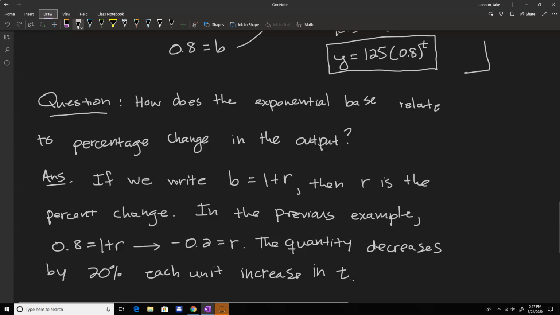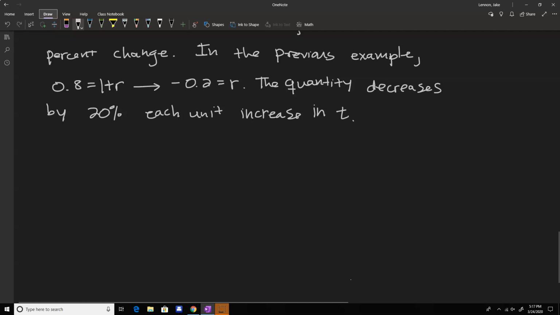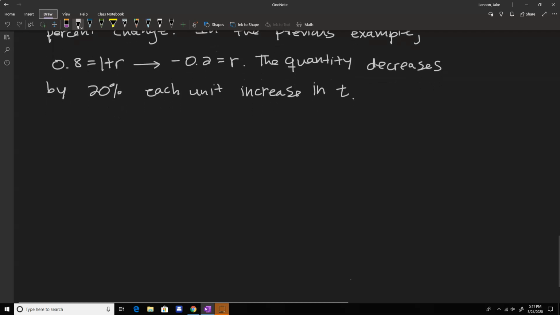So that's the standard form. Now what we're going to move on to is what's known as the continuous form. Any exponential function can also be written in another way involving that special number, Euler's number. So let's talk about the continuous form of an exponential function.